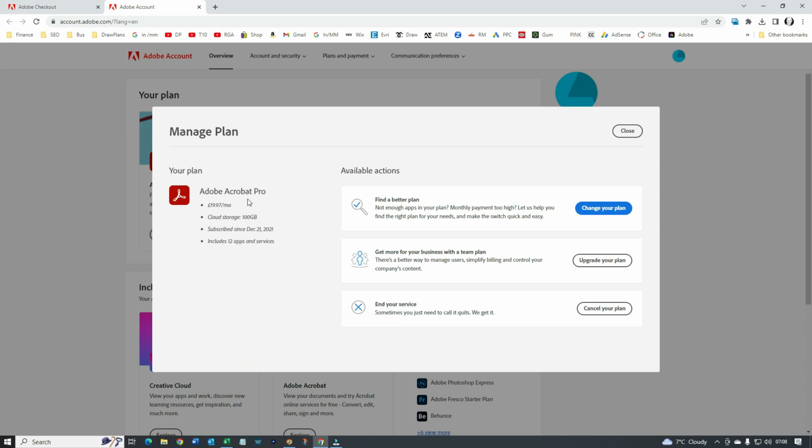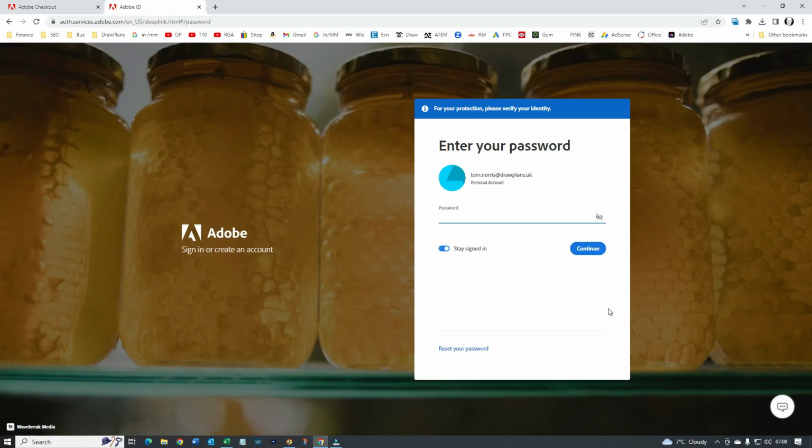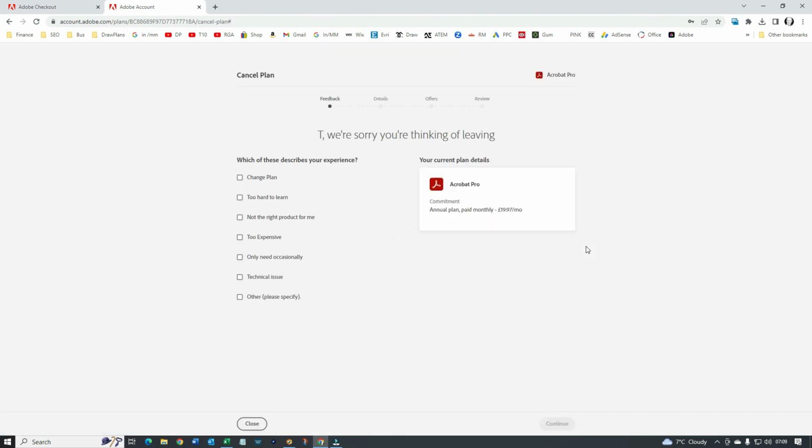I'm paying my £20 a month, etc. Now I want to cancel the plan because clearly I just took it for evaluation for the month, and enter my password again. That's fine. That's pretty good. So I'll pop that in, and I'm going into my account. And yes, we're sorry you're thinking of leaving.